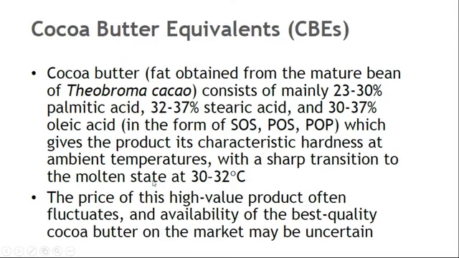And then you can make cocoa butter equivalents, because cocoa butter is got from the cocoa bean, and it consists mainly of palmitic acid, stearic acid, and oleic acid, which gives the product its characteristic hardness at room temperature. The price of cocoa butter is very high, and it fluctuates, and it depends on the availability of the bean and the maturity of the bean.